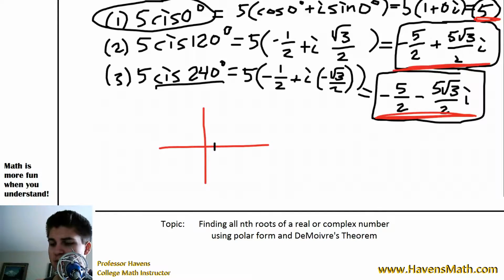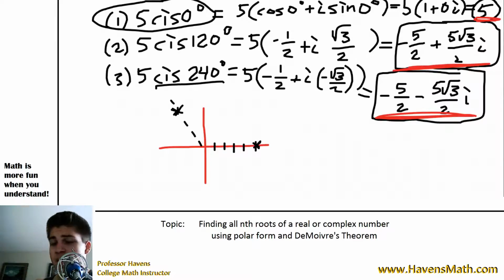So if we count out 1, 2, 3, 4, 5, our root is going to be right here in the complex plane. If we did the same for the other roots, 5 cis 120 would be at an angle of 120 degrees, approximately at that angle, and we would count 5 away from the origin. We get that root over there.